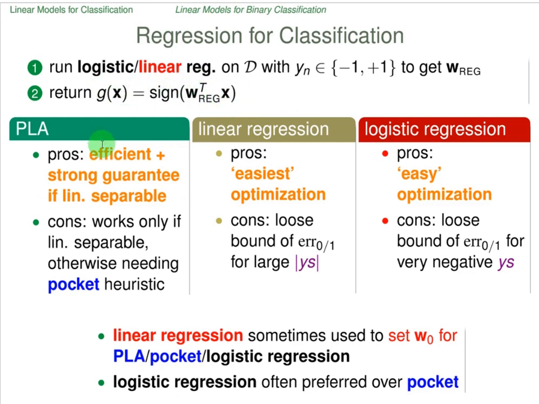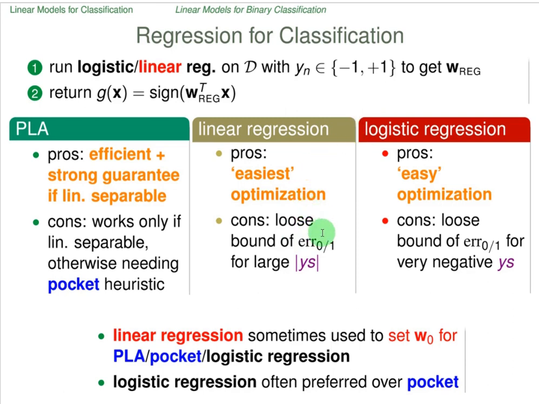And if we compare these three linear models again, in other words, the PLA, linear regression, and logistic regression, we know that PLA is efficient, and it provides strong guarantee for minimum in sample error, if, of course, the data is linearly separable. And if data is not linearly separable, then pocket heuristic is needed for perceptron. Next, linear regression provides the easiest optimization among these three, which we also call one-step learning, namely which involves inverting a matrix.